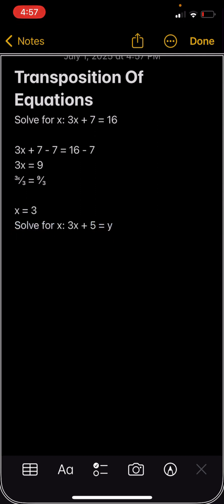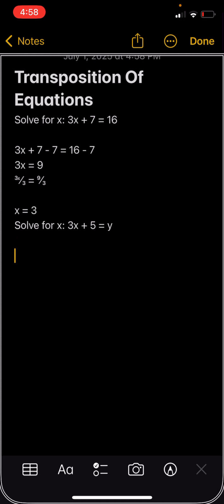So let's go and do this other one here. This one is slightly different from the one before in that it has two variables. On the left side, we have a 3x plus 5. On the right side, we have a y. y is currently the subject of the formula. We want to make x the subject of the formula. x has a coefficient of 3, which means that in the end, we'll be dividing by 3. 5 is being added onto it, which means that we'll be subtracting 5.